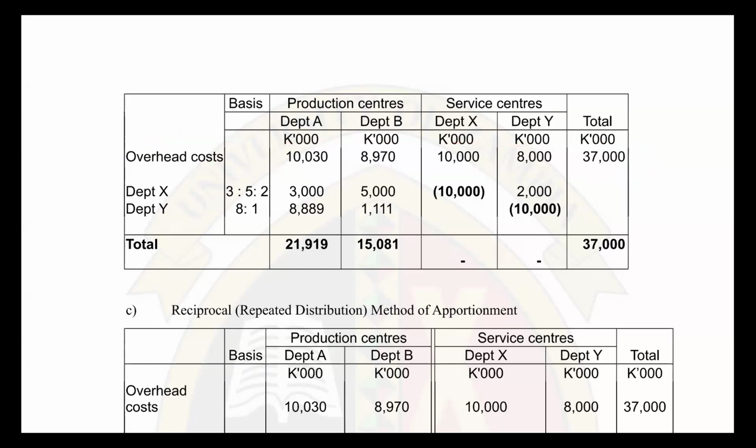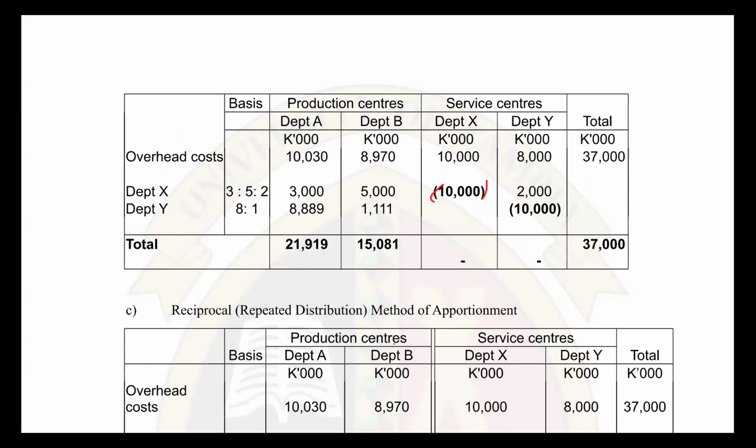Elimination method. So let's start with Department X again. If you check, Department X is allocating, is losing 10,000 to these other departments, right? It's sharing to these other departments.